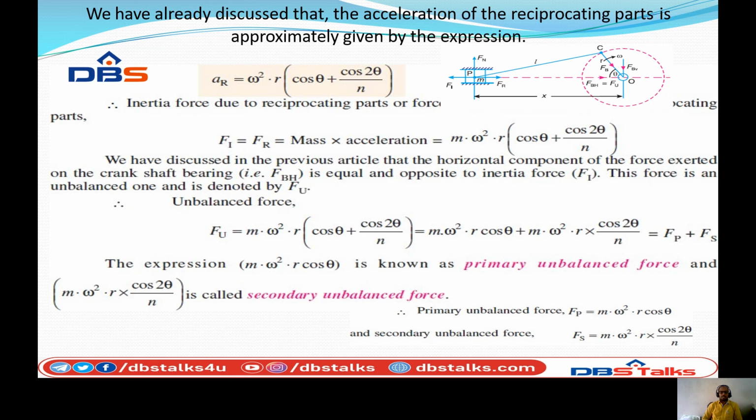So this force is an unbalanced force, which is denoted by Fu. So horizontally it is opposite. So the inertia force Fi is equal to Fu, that is m omega square r into cos theta plus cos 2 theta by n. Then expand this equation: m omega square r cos theta plus m omega square r cos 2 theta by n.